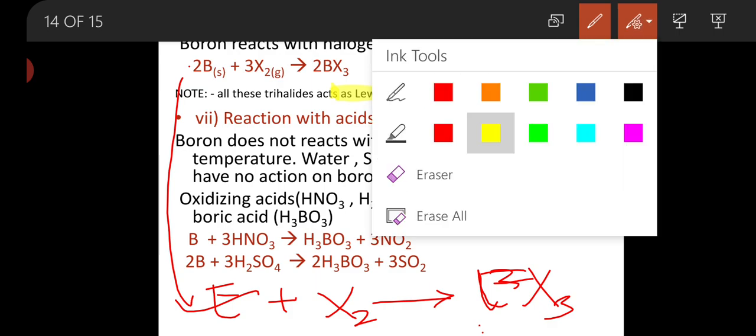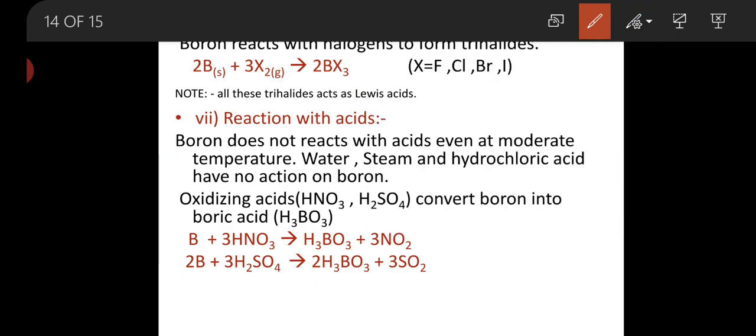Now the next important section is the reaction with acid. While reacting with acid, we can explain that solid boron does not react with acid at a moderate temperature, meaning room temperature, but at a higher temperature it shows action with acids.